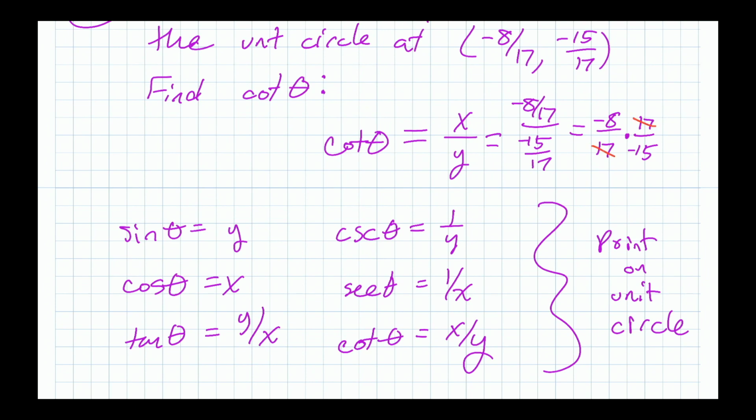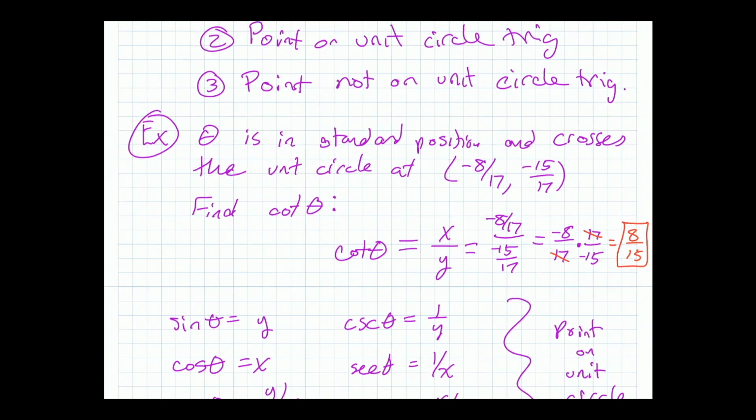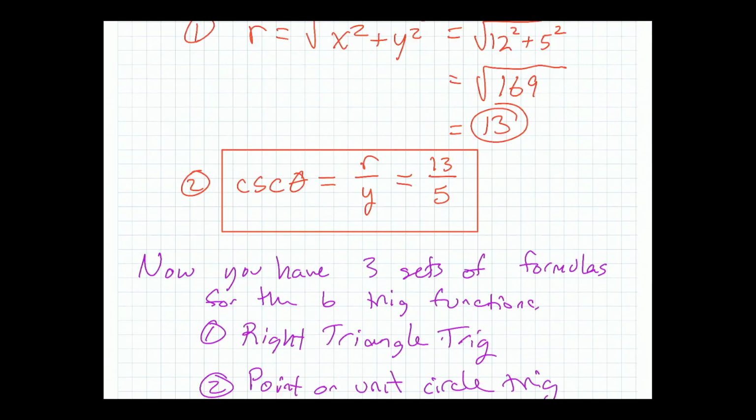Those 17s will cancel, and then it's negative 8 over negative 15, but those will cancel, and we're just going to have 8 over 15. And that will be our answer. Okay? So 3 sets of formulas for the trig functions, and you use the one that matches best with what you're trying to do.